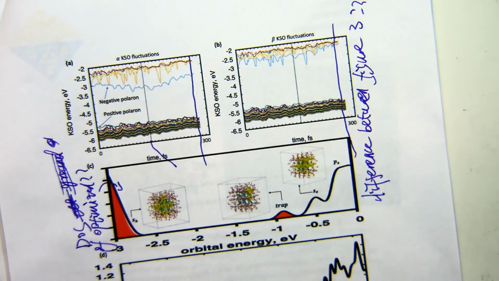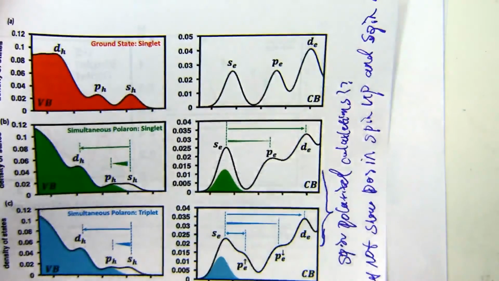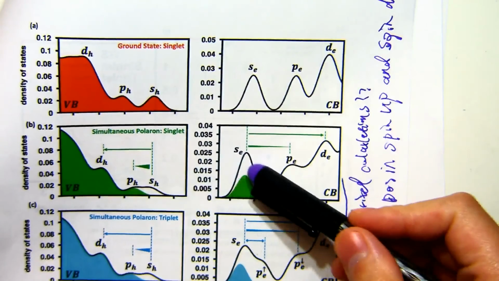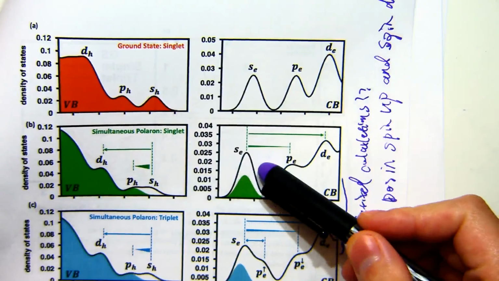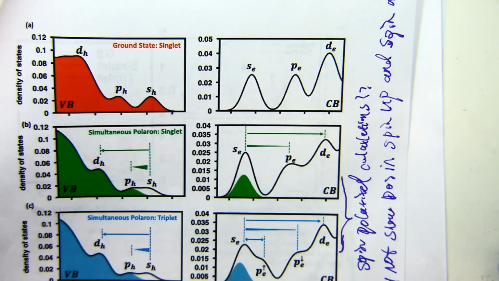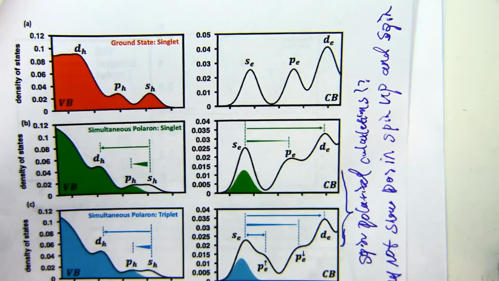Right. Okay. But I guess my question is, if you just take a look at the geometry optimized ground states, you still have this kind of feature, right? So you look at the energy. Should the trap state be deeper than.